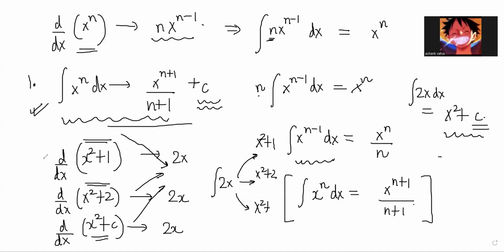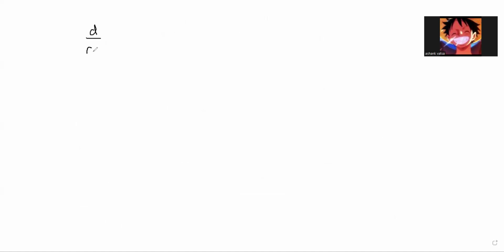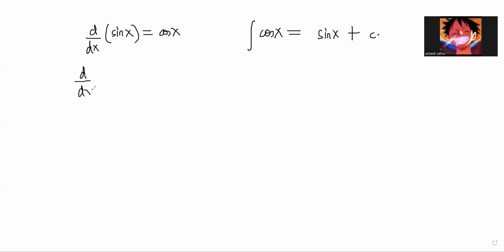Similarly, we know the derivative of sine x is cos x, right? So now we can say integral of cos x will be sine x plus c. Similarly, derivative of cos x is minus sin x, right? The derivative doesn't have a constant.